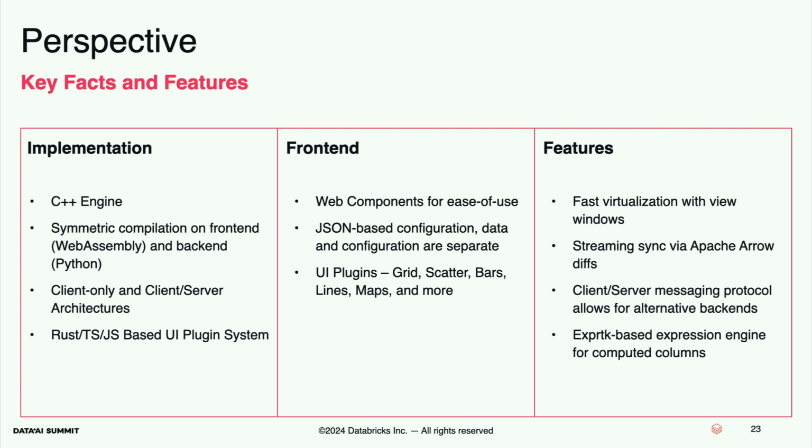So if you use the client-only architecture, we use the WebAssembly C++ engine plus the UI component, and it all just runs in your browser, and it's very simple. If you have more complex needs and you want a client-server architecture, we also compile the exact same engine with the same behavior, same performance characteristics, right? We take that same engine and compile it to native and run it as a Python library or a Rust library or whatever you want.